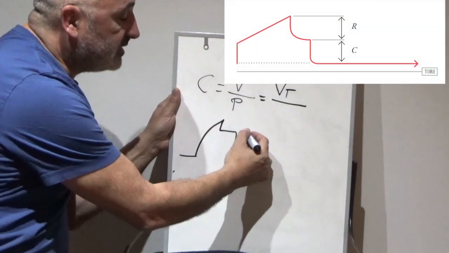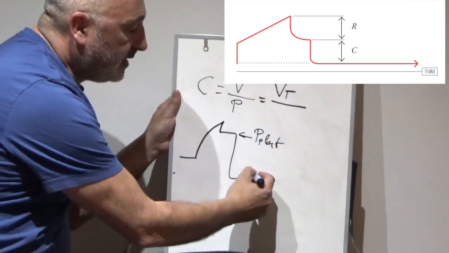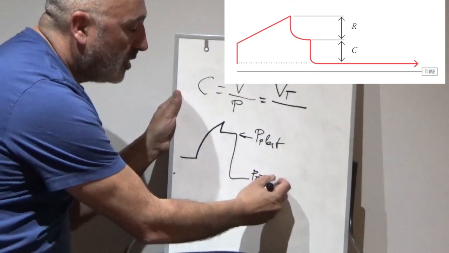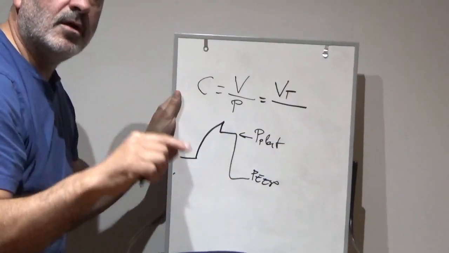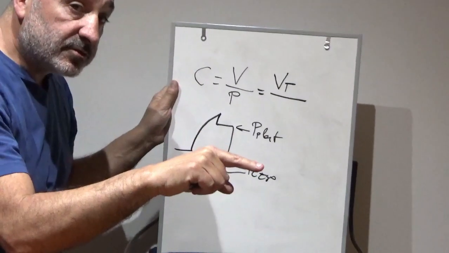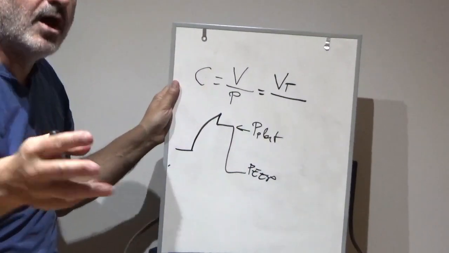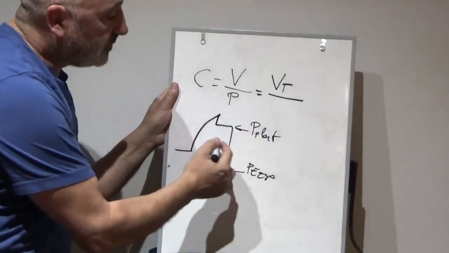This is the difference between the plateau pressure and the peak pressure, both measured under static conditions, so measured by performing inspiratory hold and expiratory hold, as we previously mentioned in the previous videos.